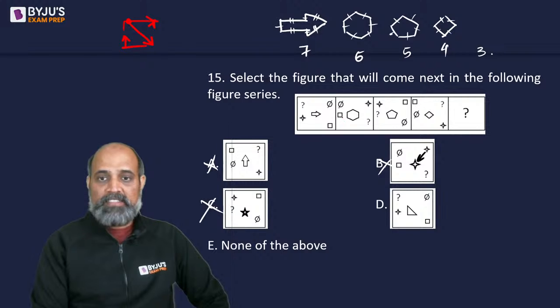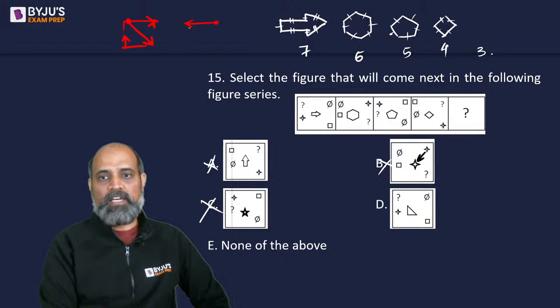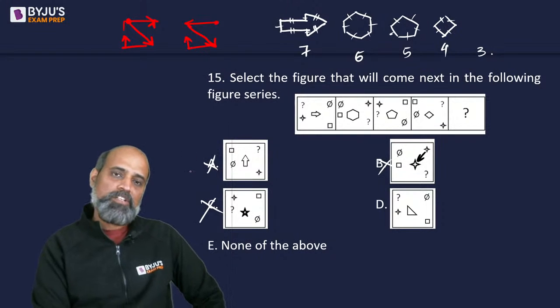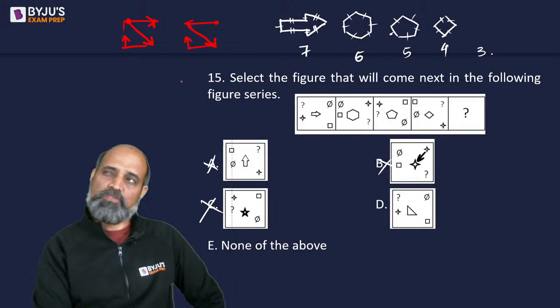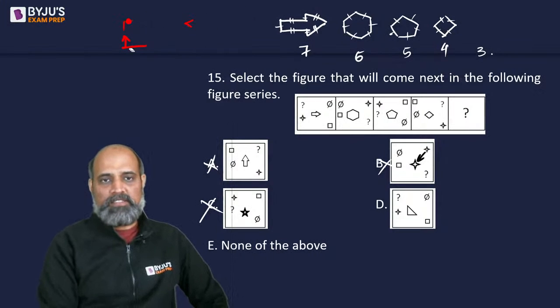If I look at the phi symbol, it was here, then it moved anti-clockwise like this, and then it moves like this. So is there any pattern? No. This is more like a Z, and then this is something else. Okay.